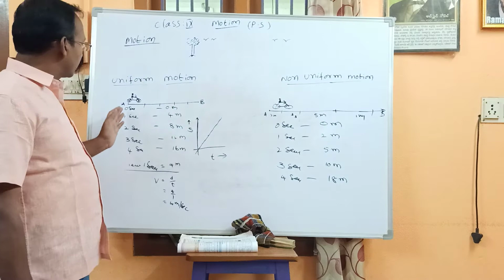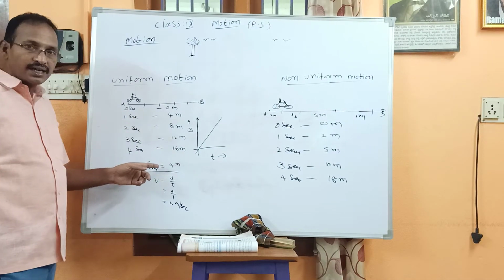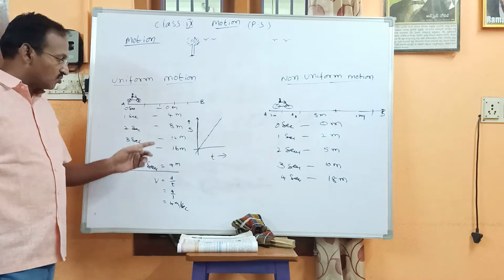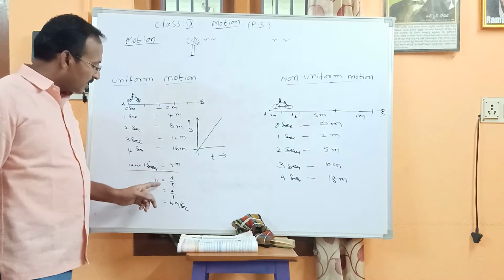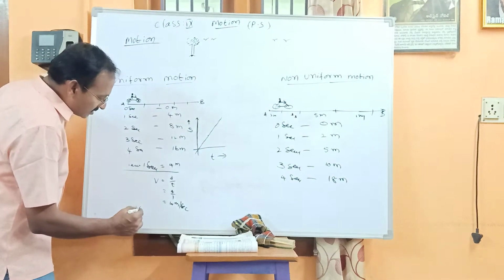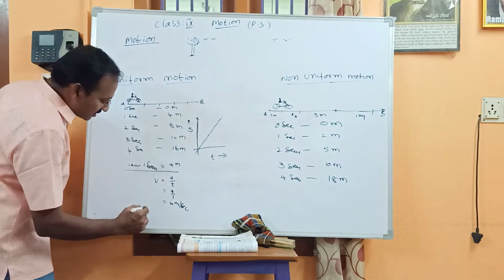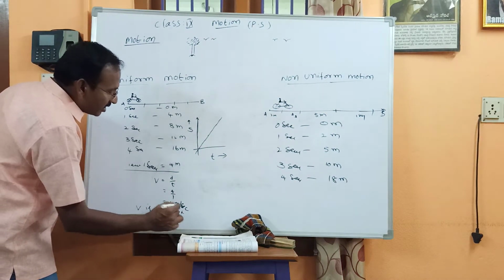So here in the first case, the cyclist covers equal distances. In each and every second he is going 4 meters, 4 meters, 4 meters, 4 meters continuously. So in this case, what is constant? Velocity is constant. Only then is it possible.